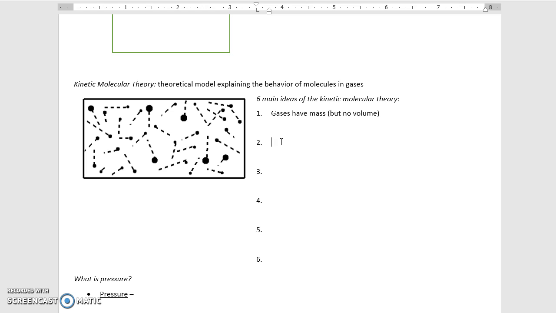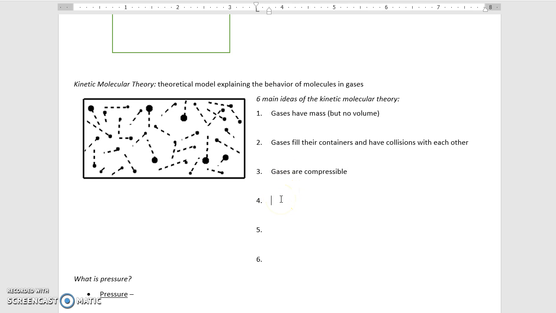The second one is that gases fill their containers and have collisions with each other. So when we talk about the individual gas molecules, they're going to collide with each other. The third one is that gases are compressible, as in there's some space so you can compress the gases down to a smaller volume.